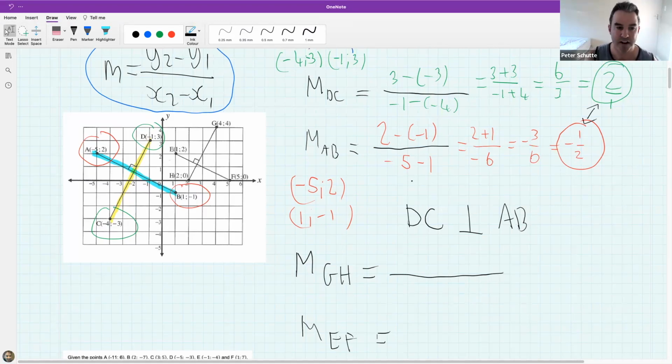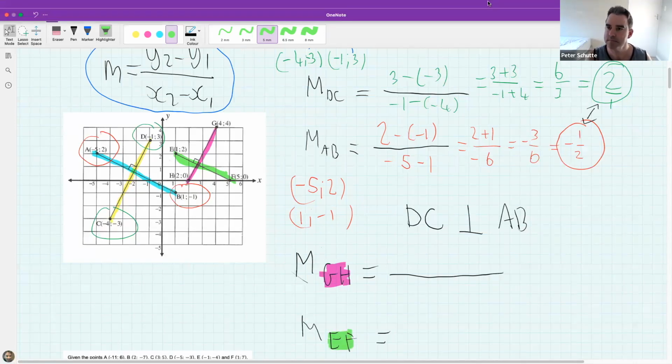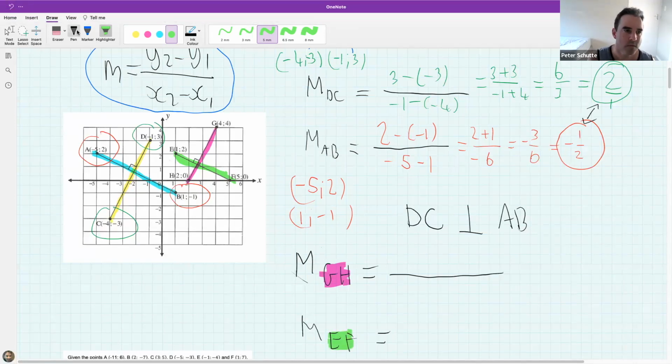Okay, so Zander, we're not finding the angle at this stage. All we're doing is finding the gradients of the pink lines. Let's call that GH. And we're also finding the gradient of EF, which is this one over here. So for GH, what's my gradient going to be?